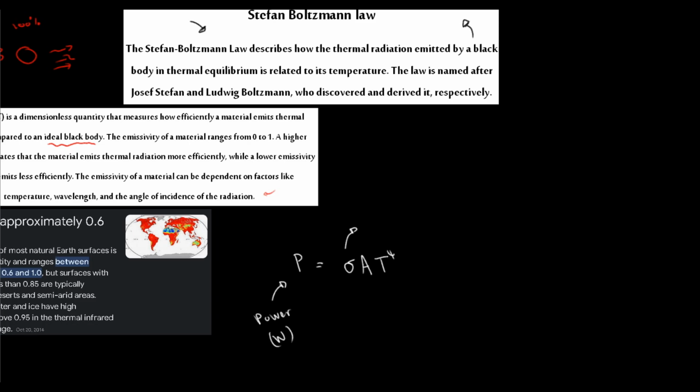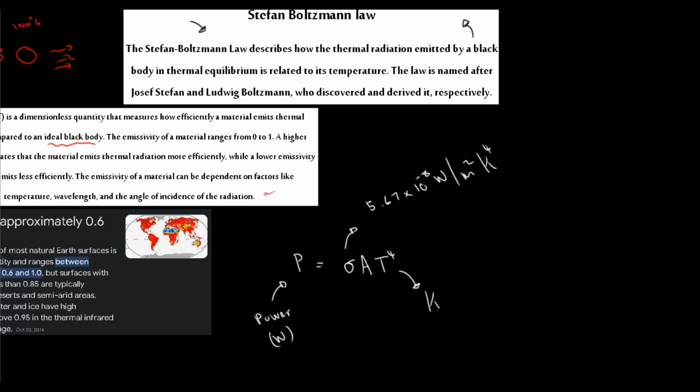Then we have the Stefan-Boltzmann's constant. Now the Stefan-Boltzmann's constant is 5.67 multiplied by 10 to the power of negative 8 watts per meter squared per Kelvin raised to the 4th. Now you should make some connection. Meter squared, Kelvin raised to the 4th. I can see my temperature here is raised to the 4th, so we can just assume that my temperature is going to be measured in Kelvin.